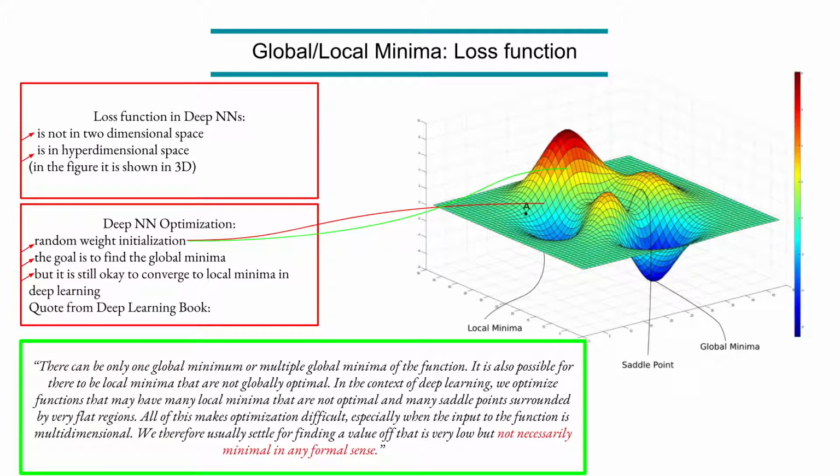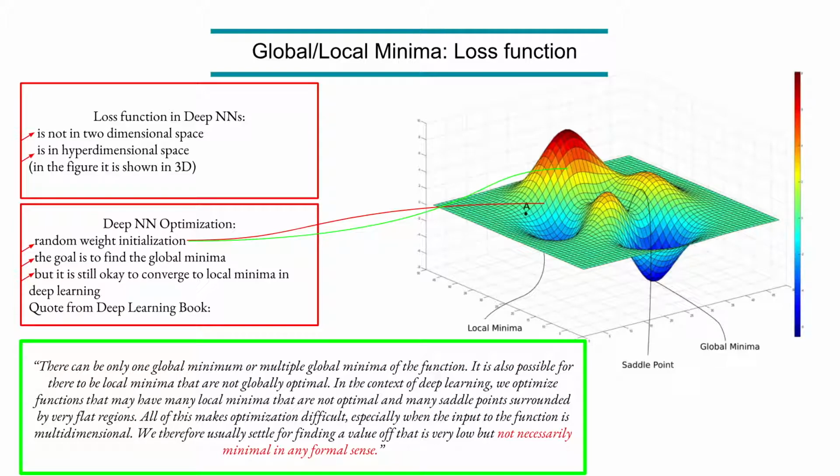So here's a quote from the Deep Learning book. There can be only one global minimum, or multiple global minima, of the function. It is also possible for there to be local minima that are not globally optimal. In the context of deep learning, we optimize functions that may have many local minima that are not optimal, and many saddle points.